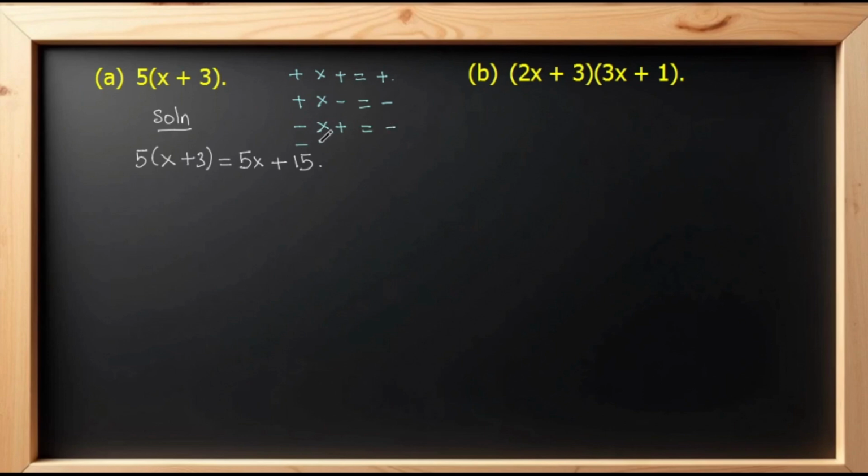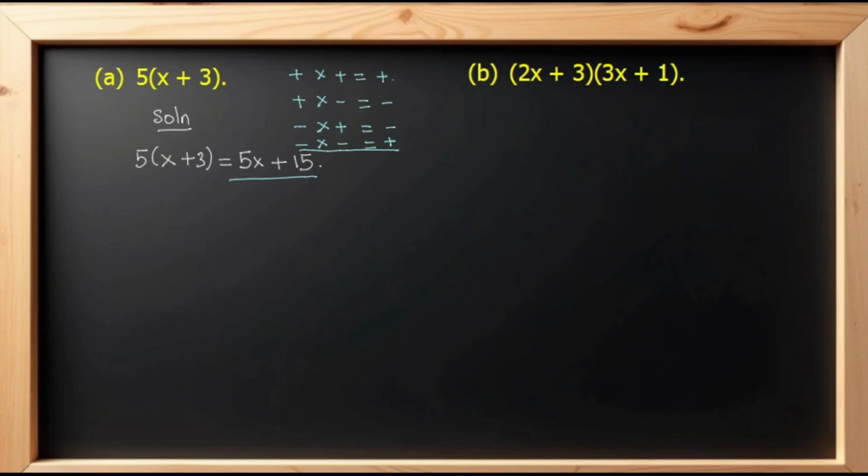And negative times negative, we get positive. These are important signs when it comes to expansion. From here we have been multiplying throughout with positive, so our results are all positive. That is why we have positive 5x, then positive 15. So let's move on to the next number, and that is b.